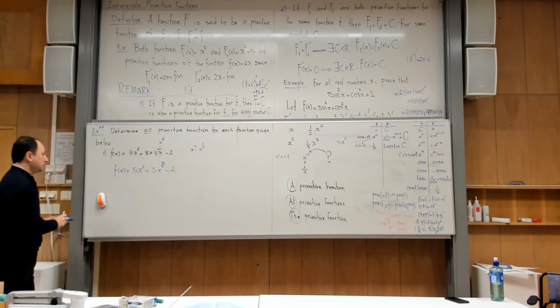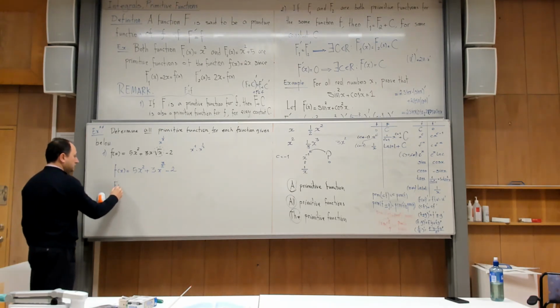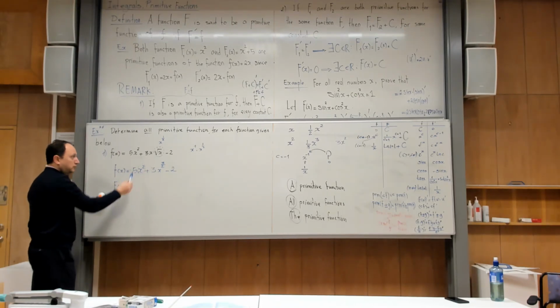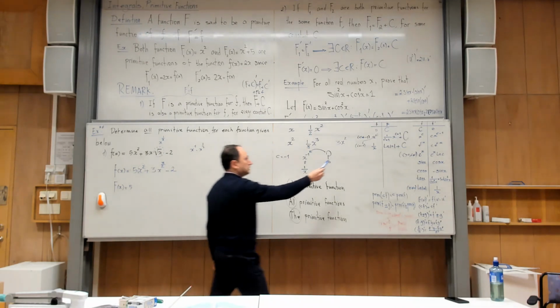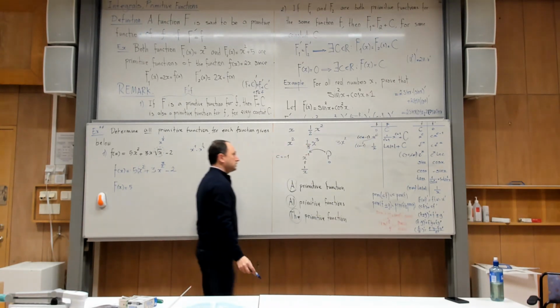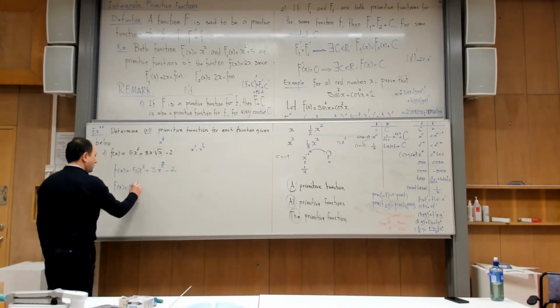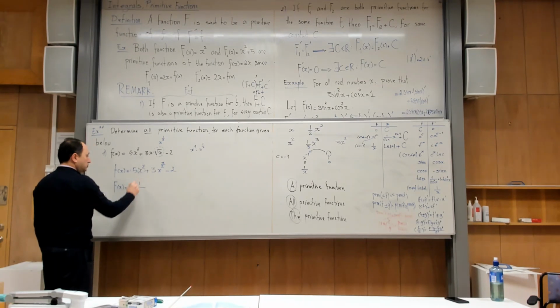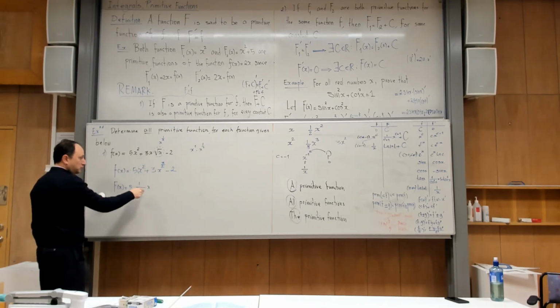Now it is ready, so I can write capital F of x is equal to 5, which is a multiplicative constant, so don't do anything with that, and try to solve the problem here. X to the power of 2, I use this formula, where c is 2. So what is the answer? It becomes 1 over 2 plus 1. And please do not write these details, it would be very boring if you want to write all the details.